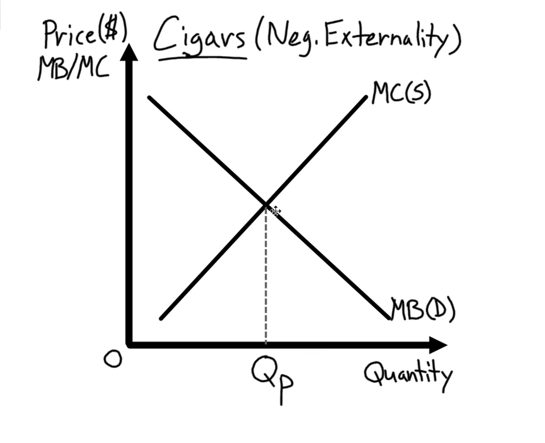Now the problem here is that cigars give off some smoke that often bothers a lot of people. So secondhand smoke imposes a cost on people other than the people who smoke and produce the cigars, people who happen to just be nearby.